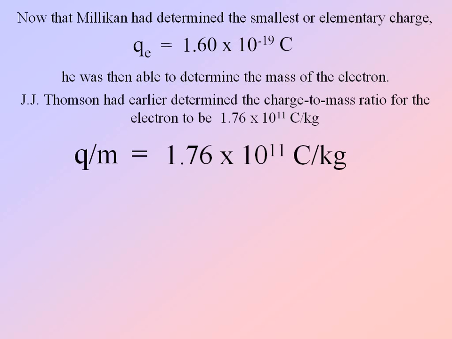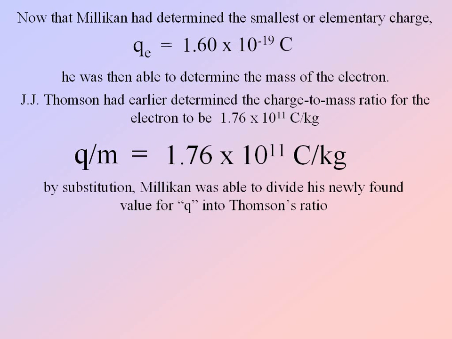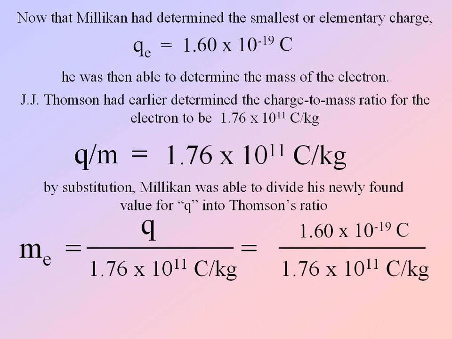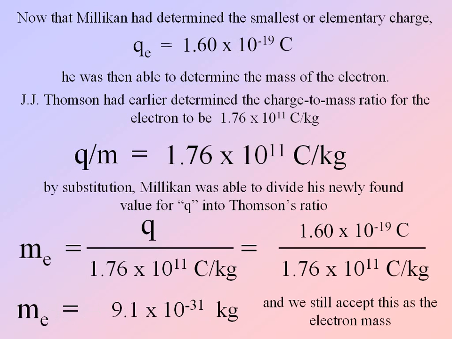Millikan was easily able to rearrange this ratio and substitute his value for Q. Solving for mass, Q over the charge to mass ratio, substitute 1.6 times 10 to the minus 19 coulombs for the charge, divide that by Thomson's charge to mass ratio, and we get the electron mass at approximately 9.1 times 10 to the negative 31 kilograms.